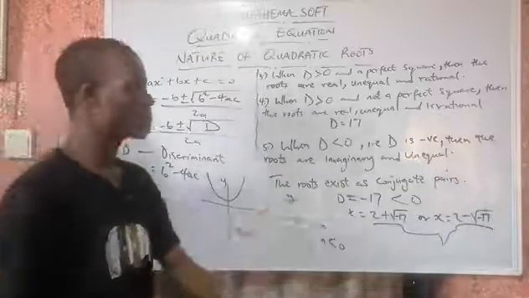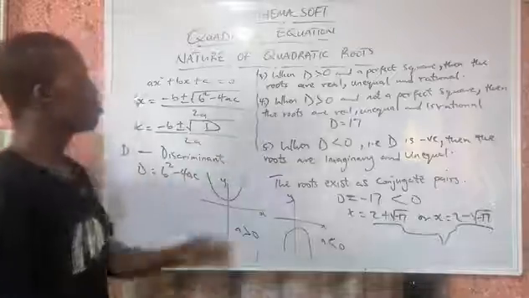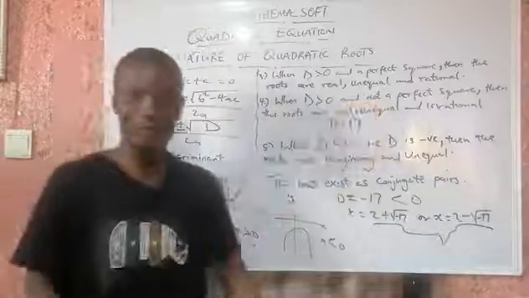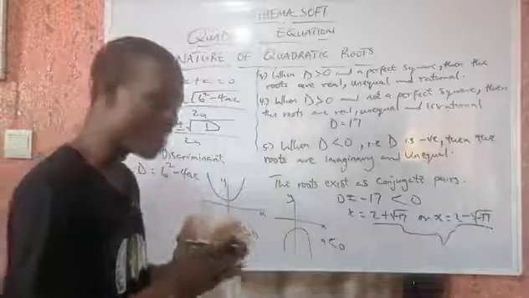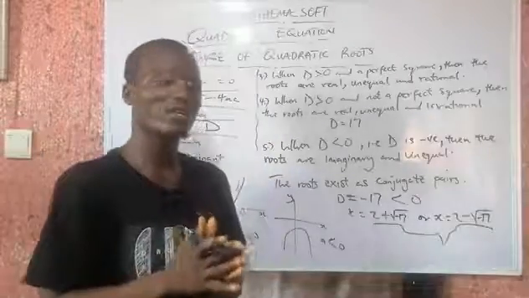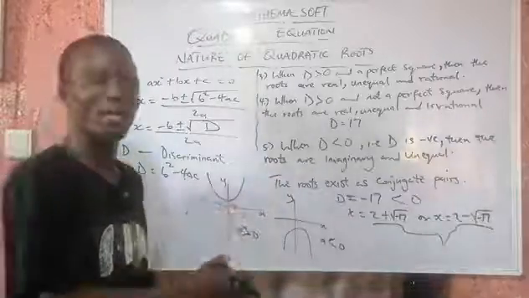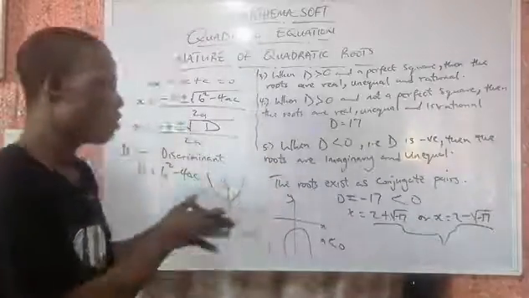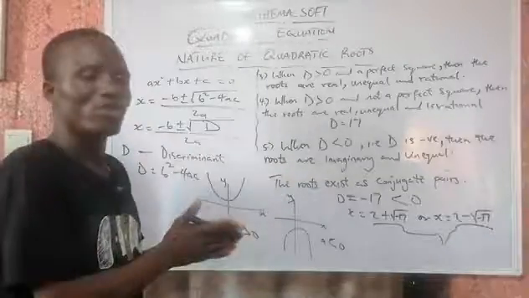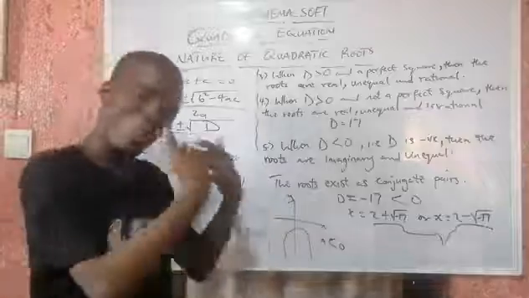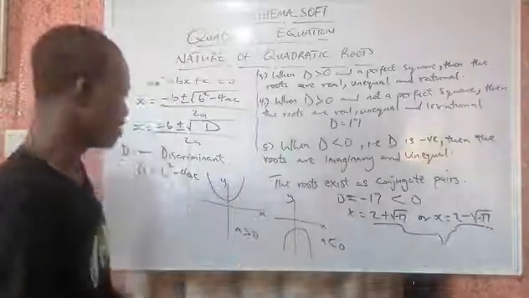So these are the 5 conditions, the 5-part breakdown of the nature of quadratic roots. It is very important that you understand this the way I've broken it down, so that you can apply this knowledge in solving problems, because there are many questions that can arise from this, where you may have to just use the nature of the quadratic roots to solve them.